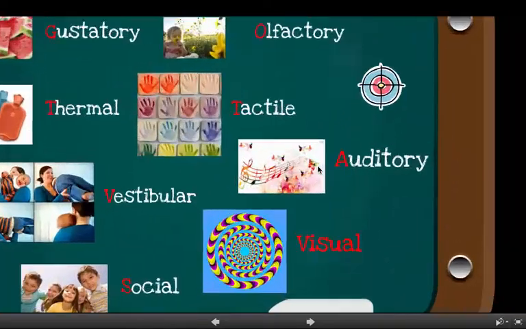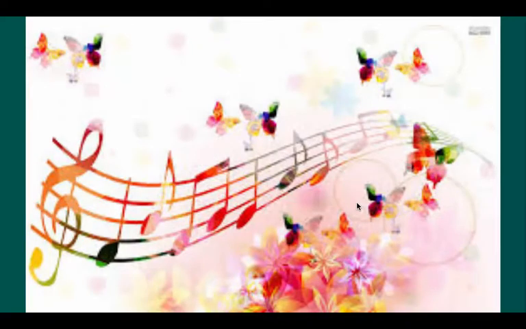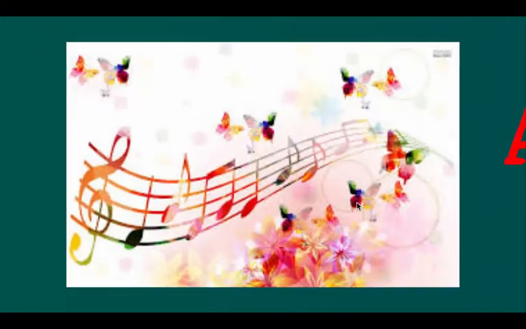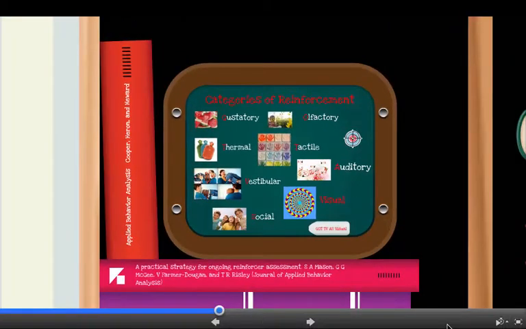The next category is what's referred to as auditory stimulation and auditory reinforcement. For us, it may be music that's played, or it could be a person's voice that can be an auditory reinforcer. I recall working with one young girl, about 9 years old, at Perkins School for the Blind in Watertown, Massachusetts.